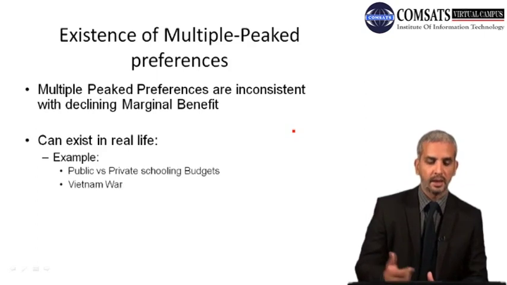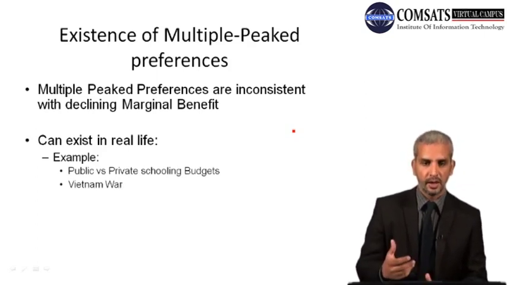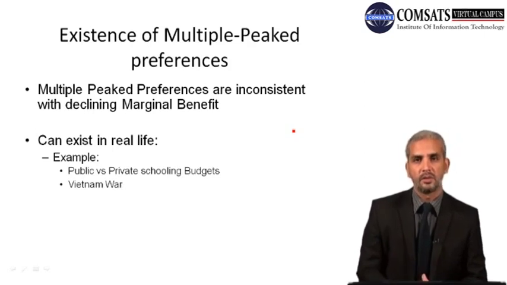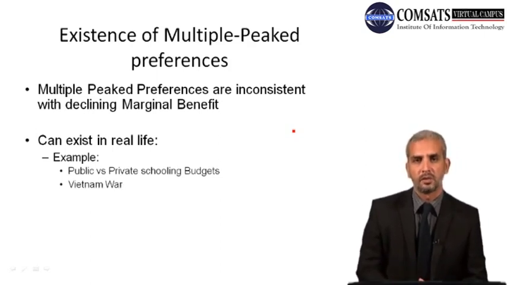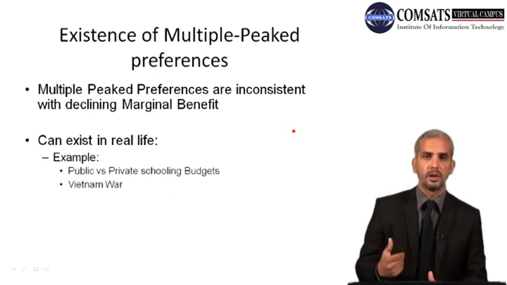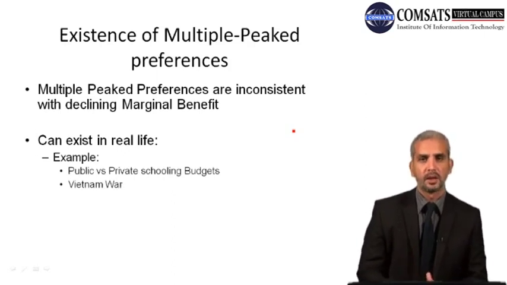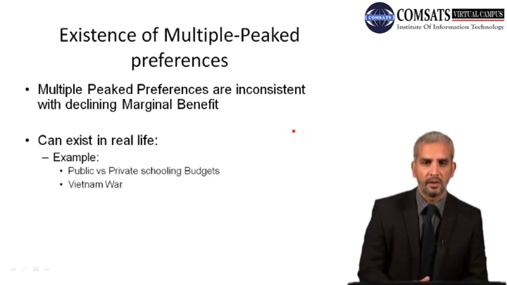I would again narrate the public versus private schooling budget example. If an individual has a choice, for example, to choose a budget for a public school, because more budget allocated would improve the quality of education in the public school, but his preference is to educate his children in a private school, then as a first choice he would opt for a low budget for the public school, because he has planned to educate his children in a private school.